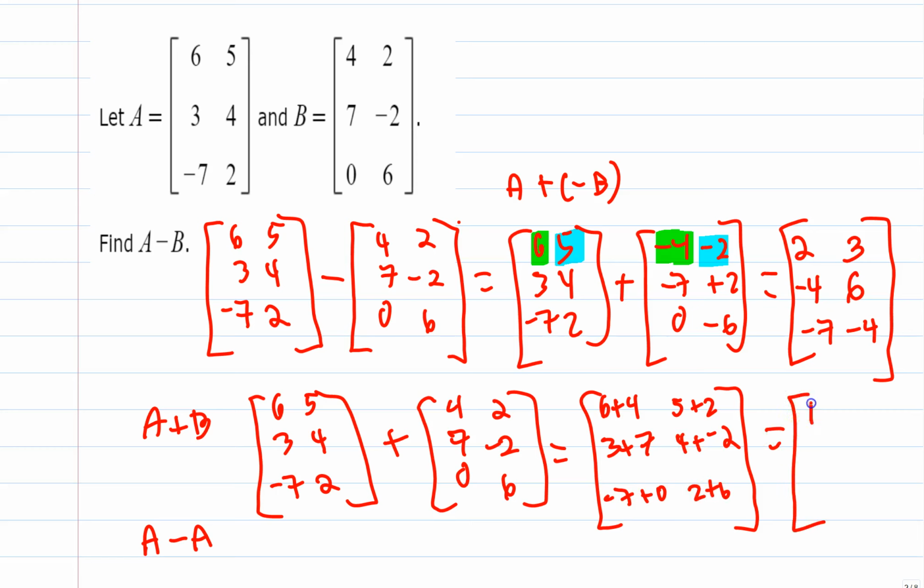And when I add those, I'm sure you can all do that too. So A minus A is A plus negative A. All right, so what does that give us? Well, negative 6 plus 6 is 0. 5 plus negative 5 is 0. 3 minus 3 is 0. 0, 0. Not that the answer is 0, but it's a matrix that is still 3 by 2, all filled with zeros.